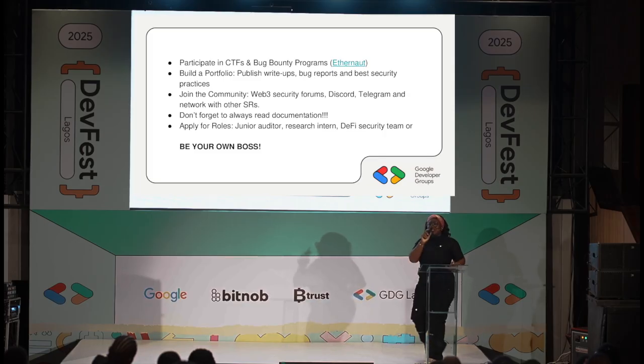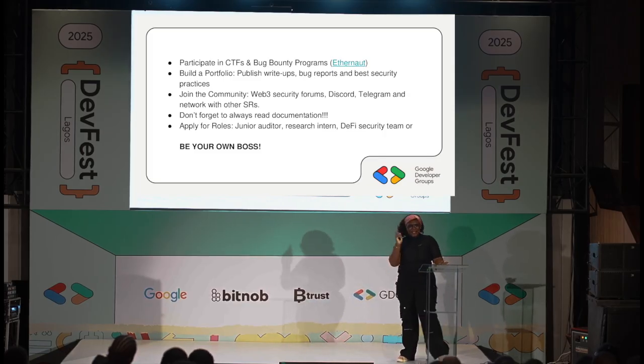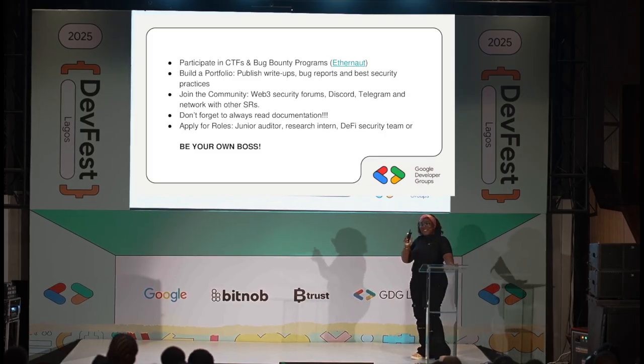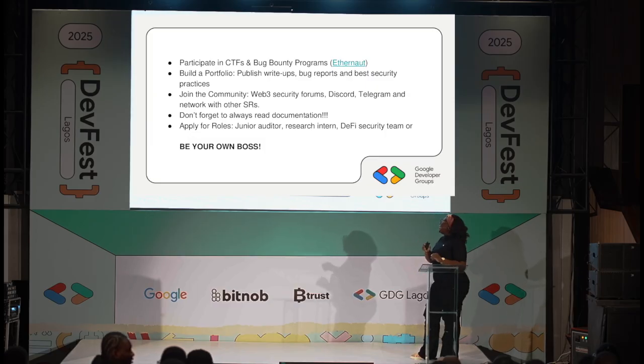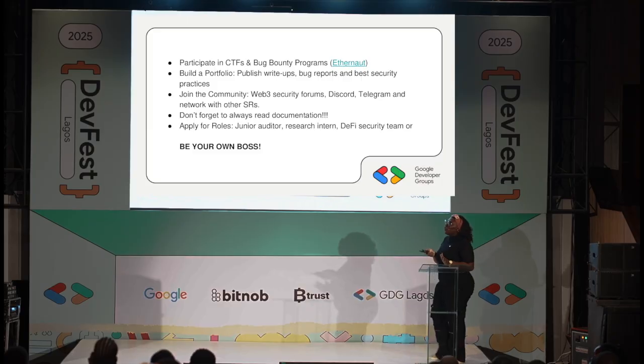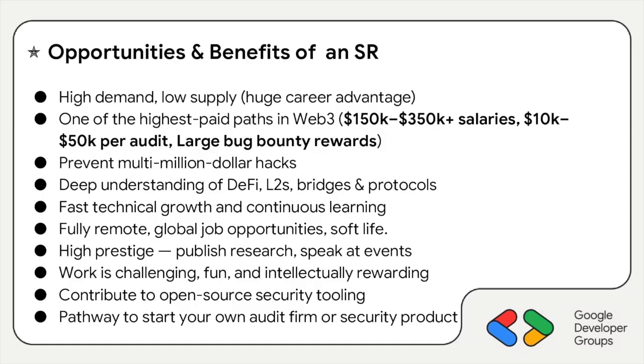Or to avoid what he said, you can be your own boss. You don't have to work for anybody, and that's where I think the flex comes in, right? So being your own boss, these are some of the opportunities that come with being a security researcher.